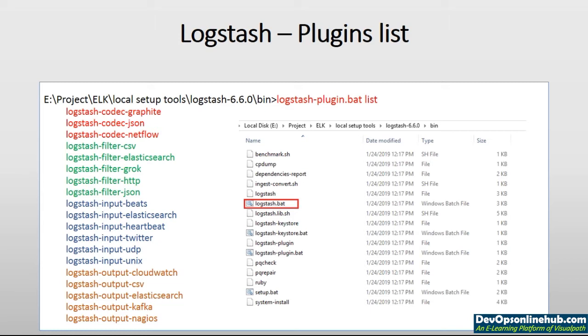Now we'll see how to list out all the available plugins. When you go to your Logstash installation directory, we'll cover in a later section how to install Logstash. So currently we assume that Logstash is already installed on your machine.